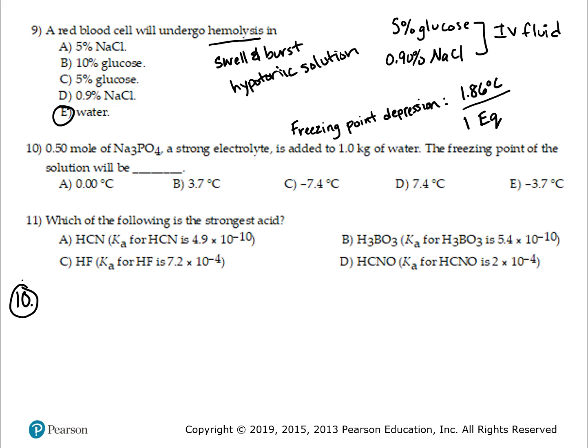We've got half a mole of sodium phosphate, which is a strong electrolyte, and it's added to 1 kilogram of water. The freezing point of the solution will be... We did an example of this, and we also did boiling point elevation. The first thing you have to do is figure out how many equivalents per mole are in this sodium phosphate.